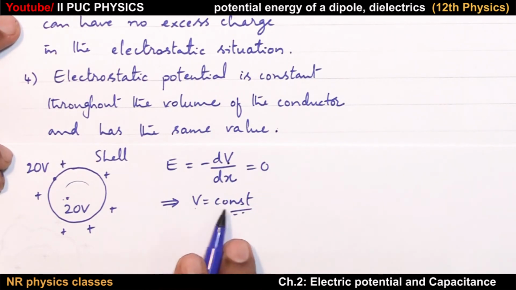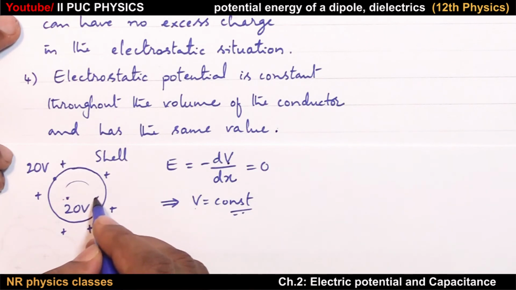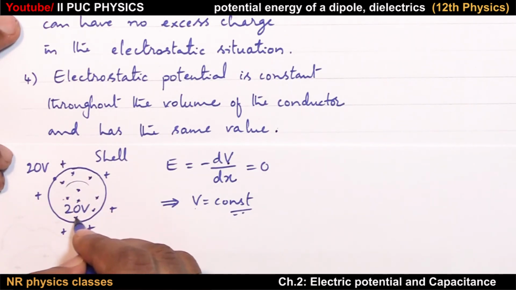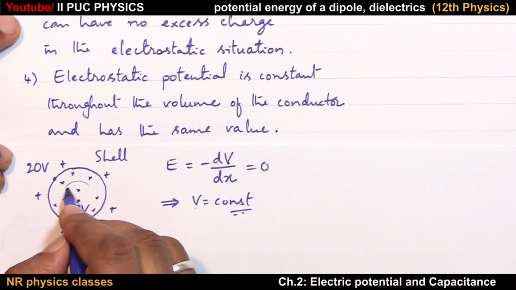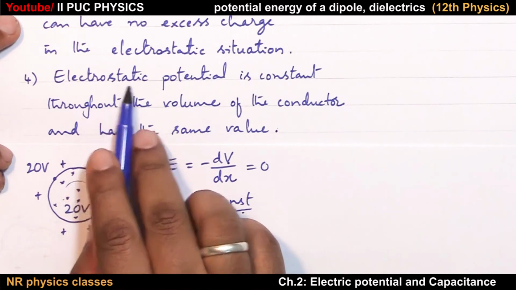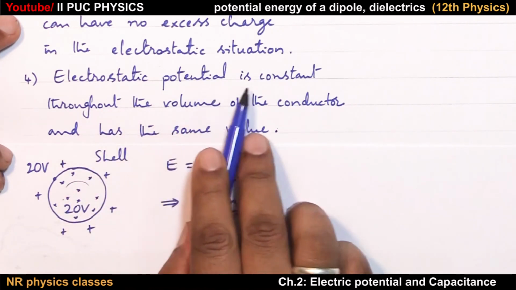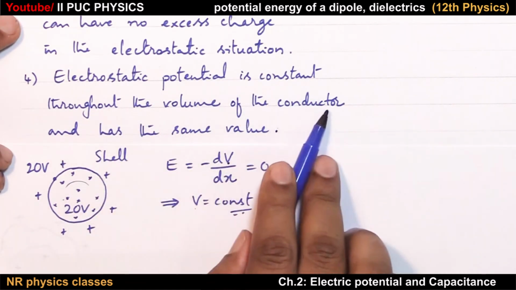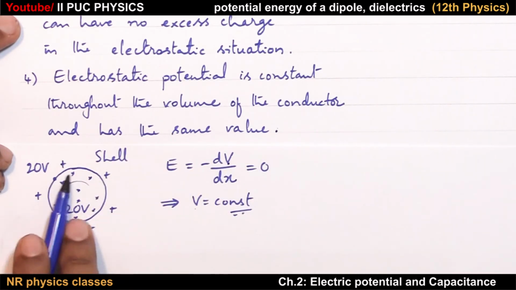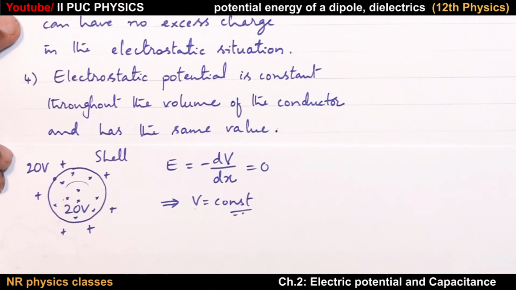That is why V should be constant. So V is constant everywhere means it has same value at every point, and that value is same as that on the surface. That is this point. Electrostatic potential is constant throughout the volume of the conductor and has the same value. Everywhere the value is same.